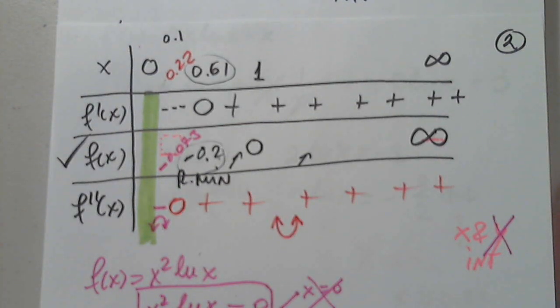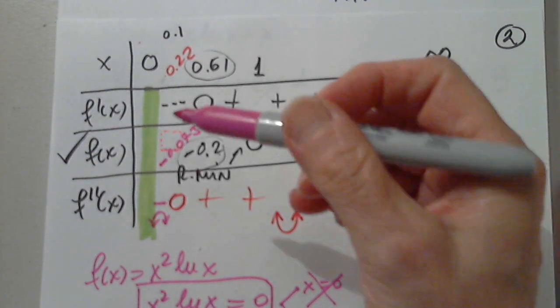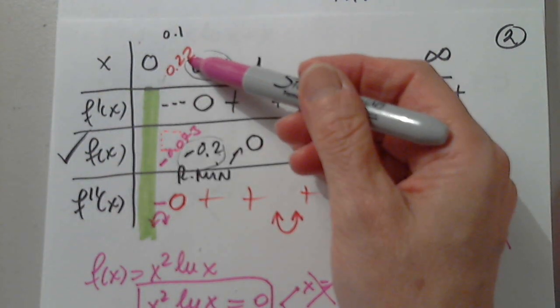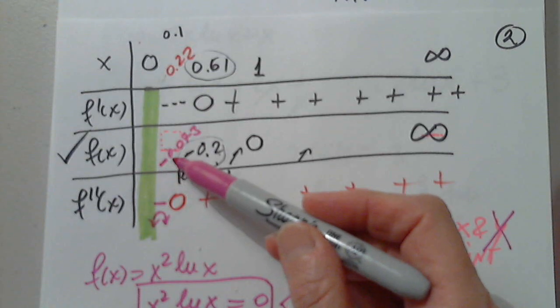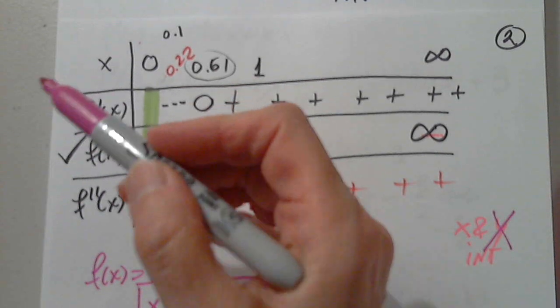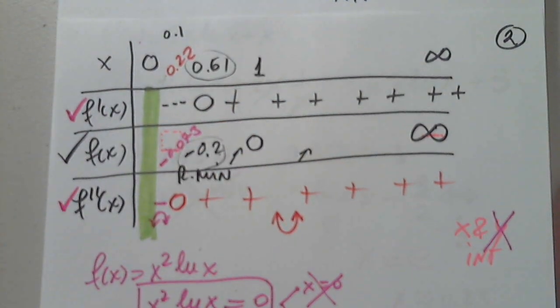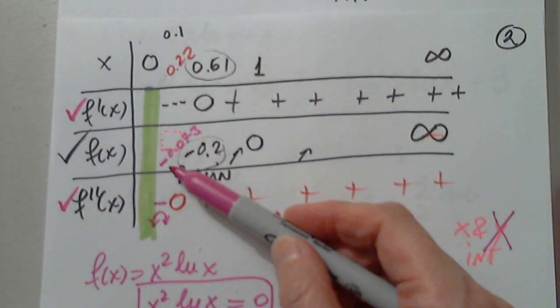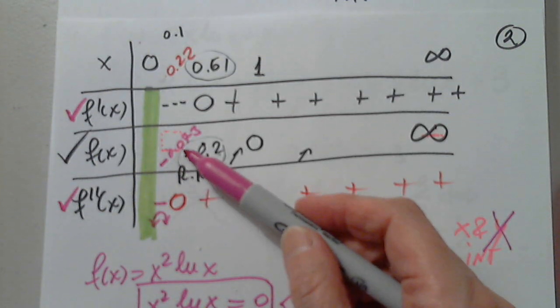So now, what type of point is 0.22, comma, negative 0.073?